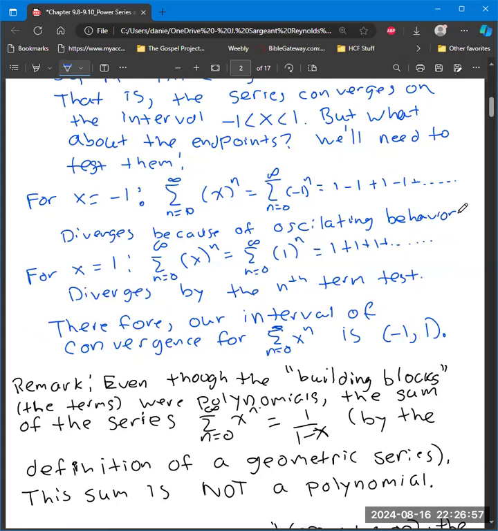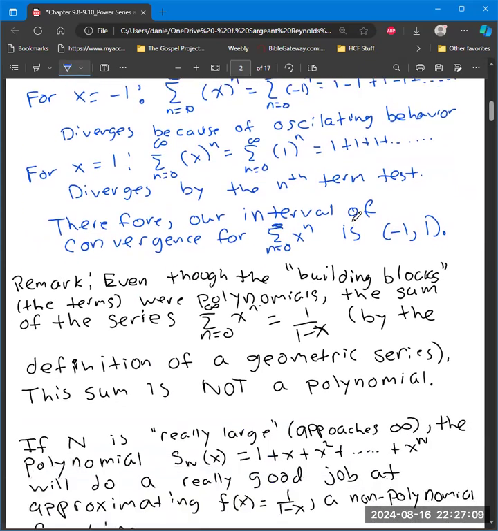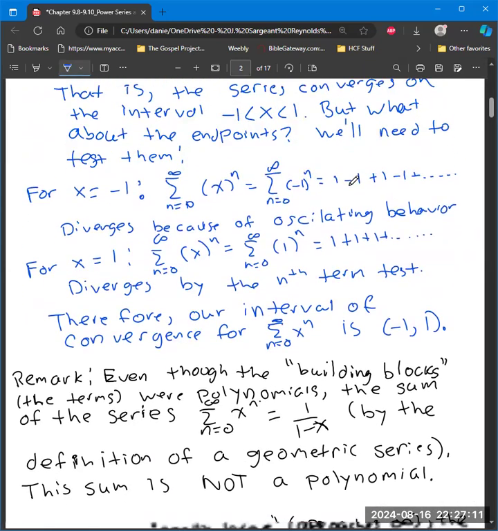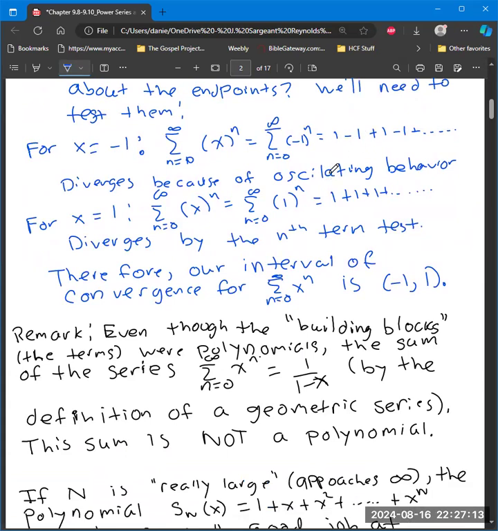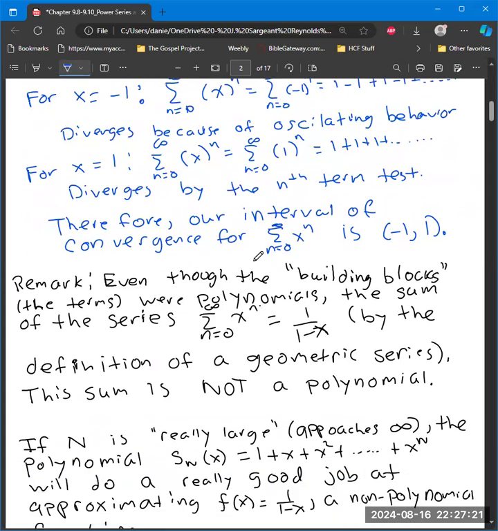It fails the nth term test that says that the nth term has to go to 0. It could fail for several reasons, because of the alternating series test, or just simply by the nth term test, or just noticing this oscillating behavior here.